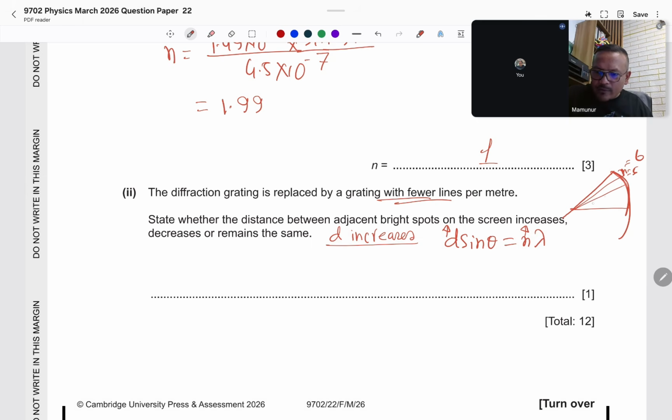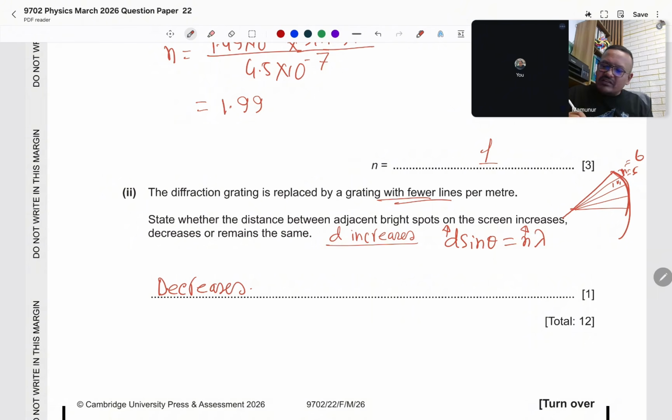So the line width decreases, and the distance between adjacent bright spots decreases, because in place of 5 lines we are now getting 6 lines over the same distance, so they are coming closer. They are only asking us to state, so we can write here: decreases.